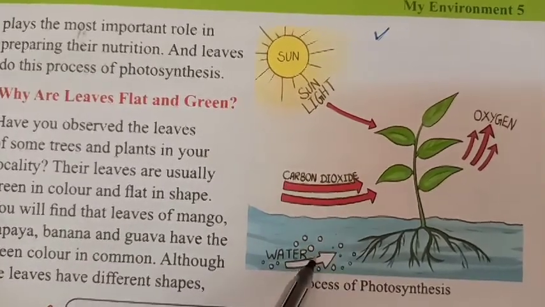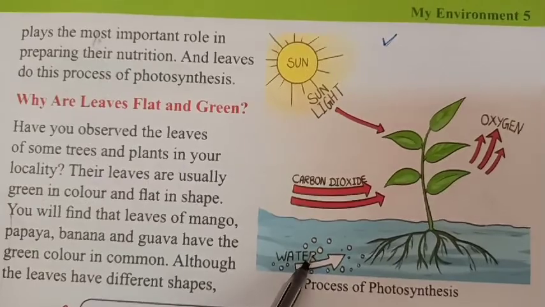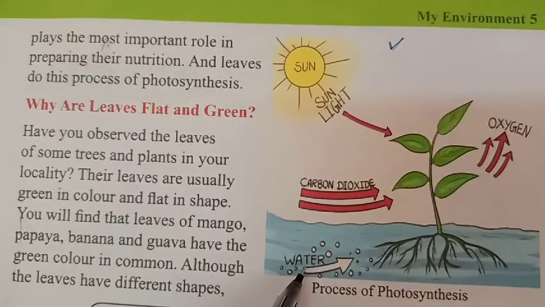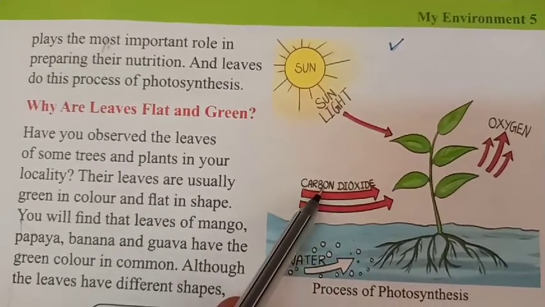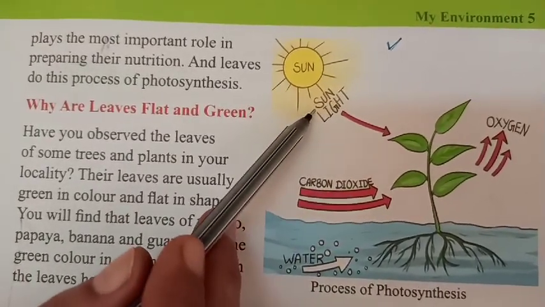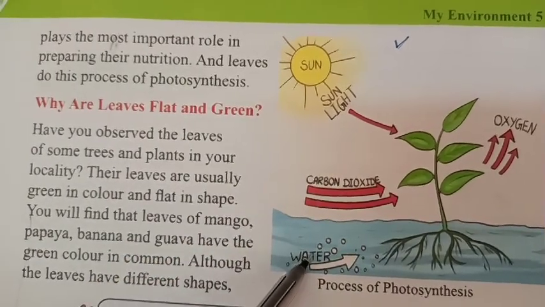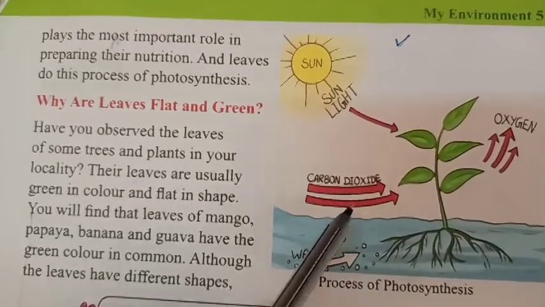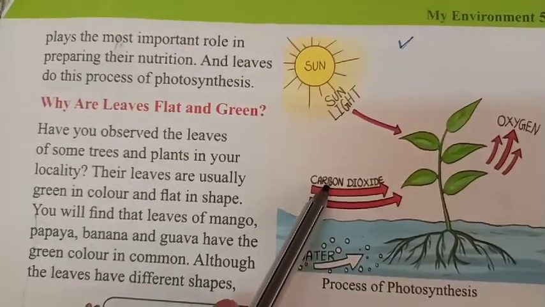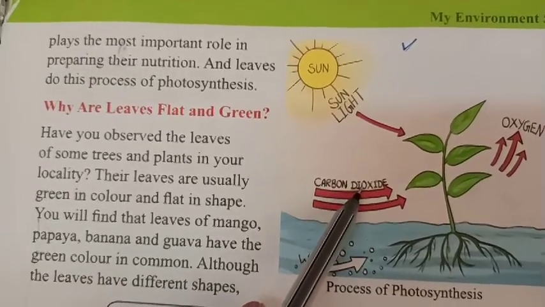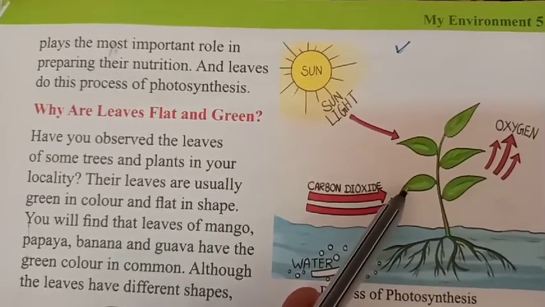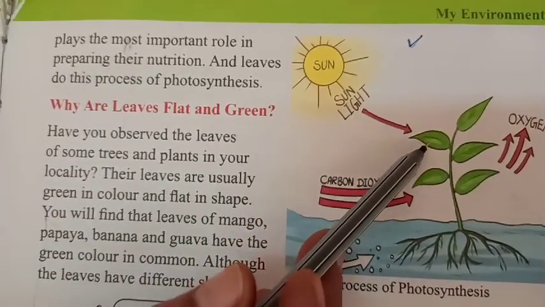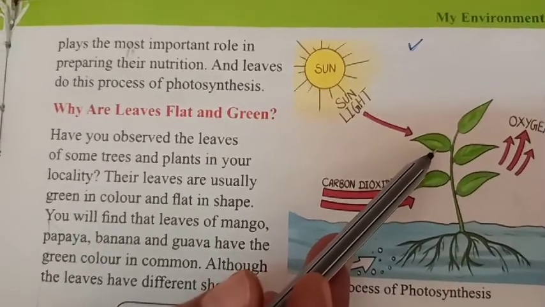And you know children, now three things are mainly required for photosynthesis or for making food. What are these three? Water, carbon dioxide and sunlight. So from where do they get water? From soil they get water through their roots, and from air they get carbon dioxide through their leaves, and sunlight is also absorbed by the chlorophyll in the leaves.